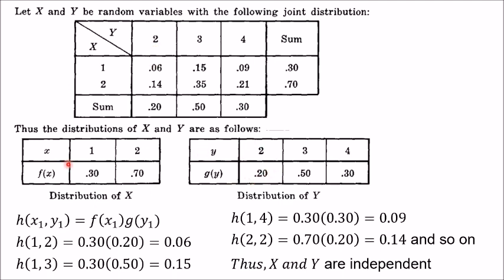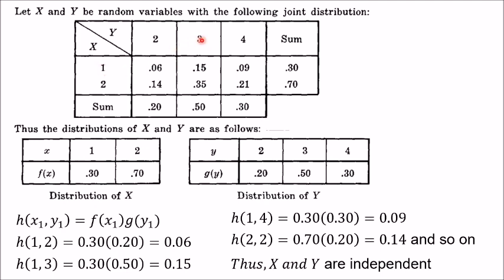So, tingnan natin. 1 here in the x, the probability of x equals 1 is 0.30 and the probability of y equals 2 is 0.20. Then the probability of the x and y is 0.06. So we can say that 0.30 times 0.20 is just equal to 0.06, the product. So as to the others, example, 1 and 3 here.